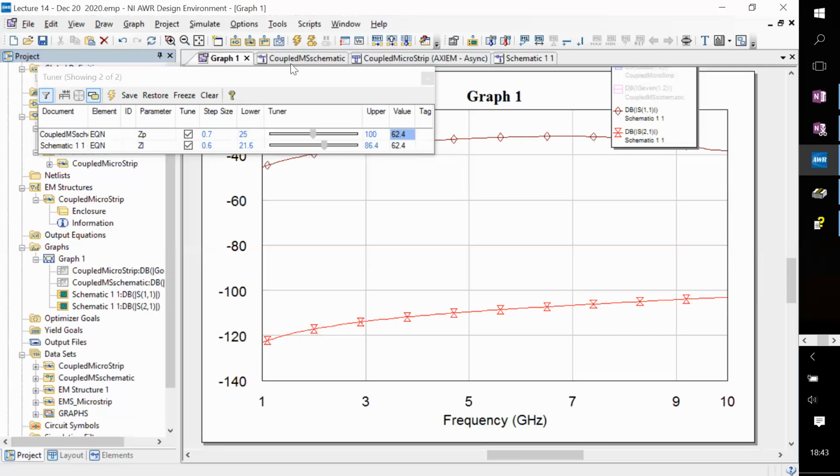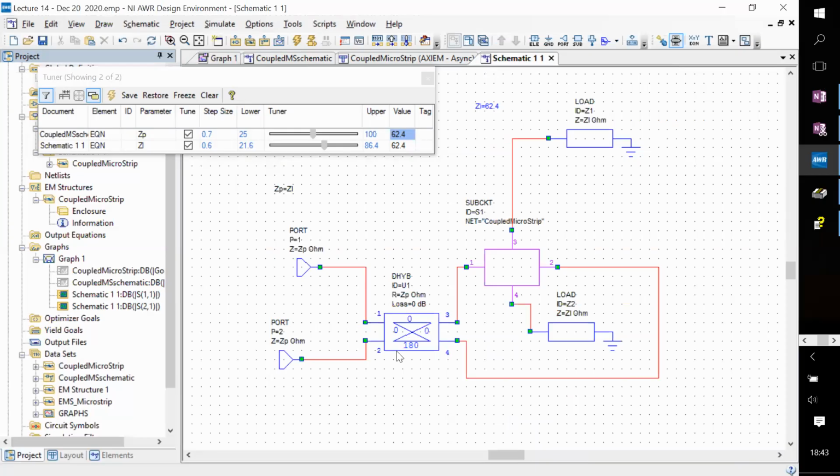This hybrid is, of course, an idealized device. When you send in power from 1, it will split it equally to 3 and 4, which means there is no other power left anywhere to go. So it will never send any power to port 2.